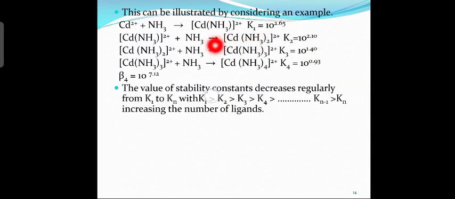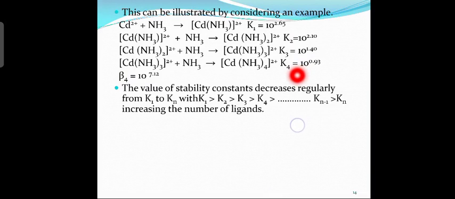Similarly, the product of the second reaction plus one more ammonia gives Cd(NH3)3 2+, K3 is 10 to the power 1.40. The product of the third reaction plus ammonia gives Cd(NH3)4 2+, K4 is 10 to the power 0.93.